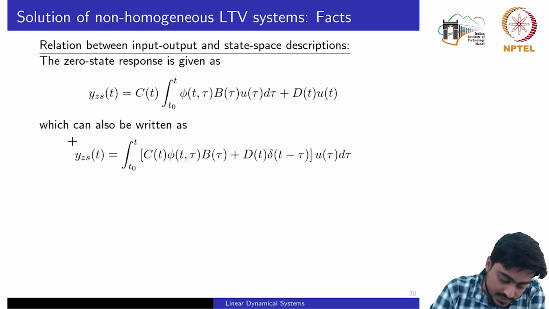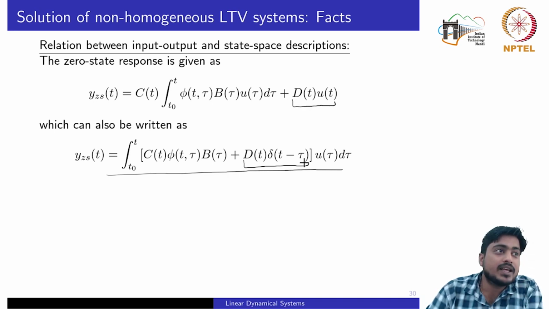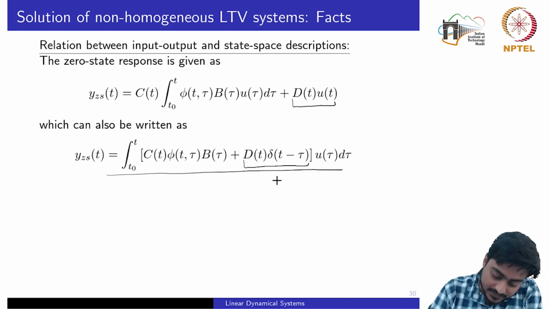Now this expression I can also write as this part where I took D(t) into u(t) inside this integral, and the property I use here is the integration property of the impulse function, which says that if I am integrating D(t) delta(t minus tau) u(tau) d tau, it would be equal to D(t) into u(t).